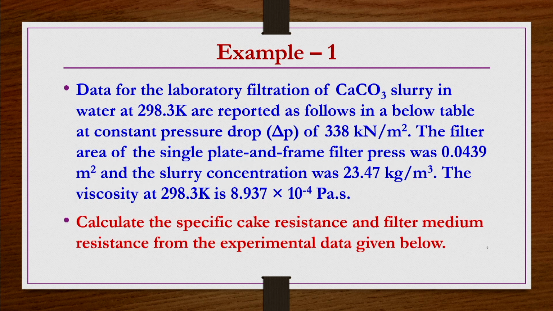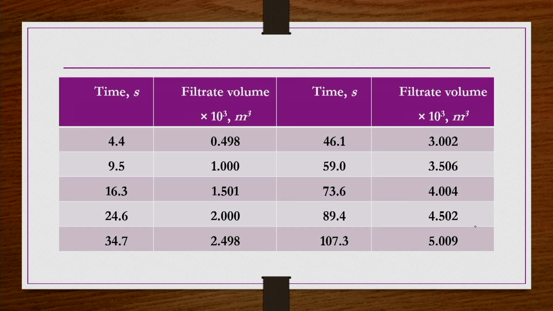Calculate the specific cake resistance and filter medium resistance from the experimental data given in the next slide. So, the first problem is about how to calculate the filter medium resistance as well as the specific cake resistance under constant pressure filtration conditions. The experimental data, time versus filtrate volume collected, is given here.